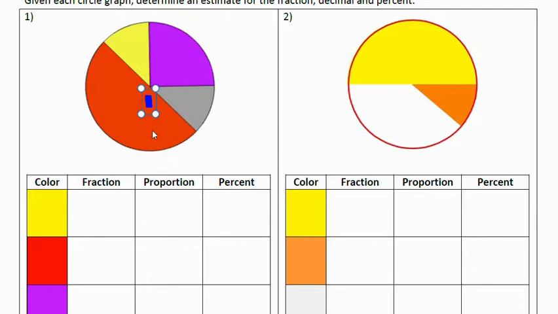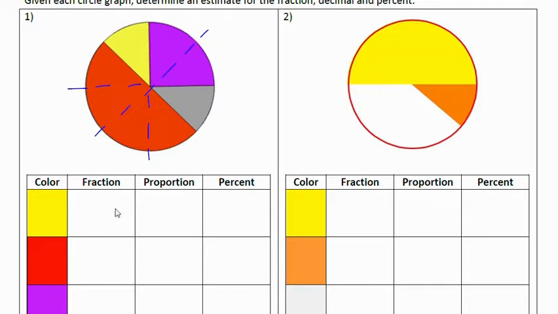So if I cut this, and I'm just following the lines of the circle so I can make all the pieces equal, because the yellow piece and the gray piece are not the same size as the red piece and the purple piece. So I need to make them all the same size in order for me to be able to compare them and write appropriate fractions and percentages.